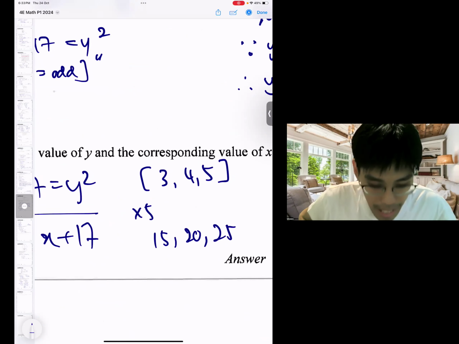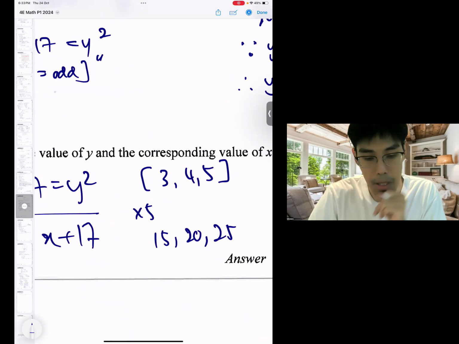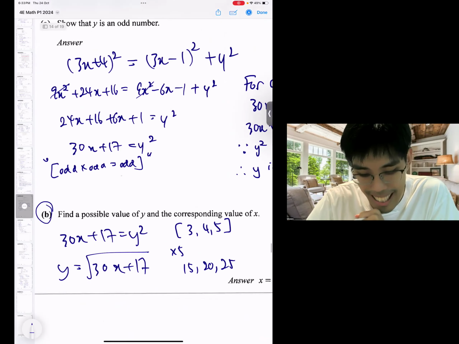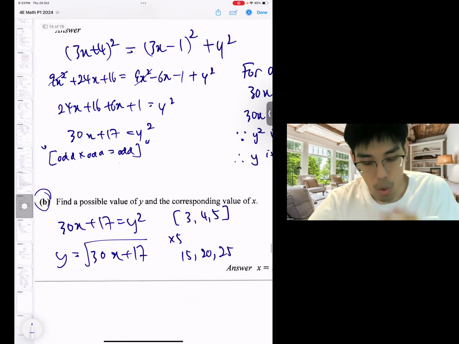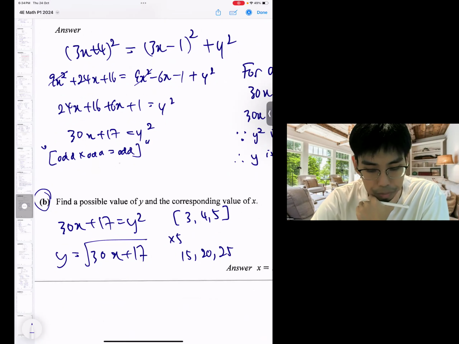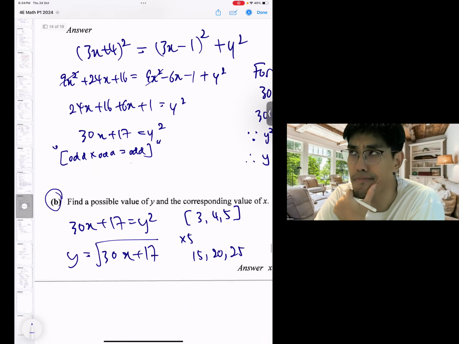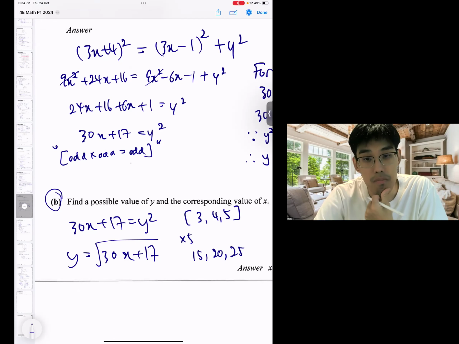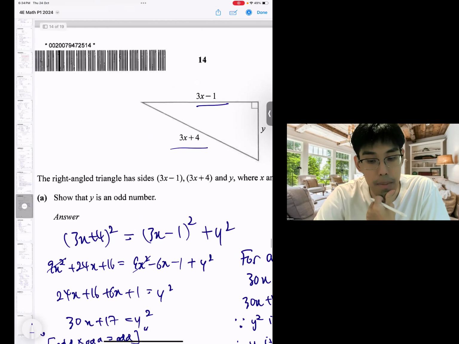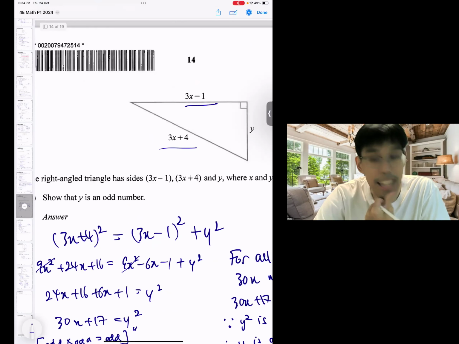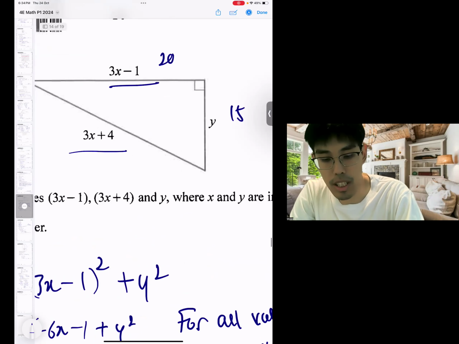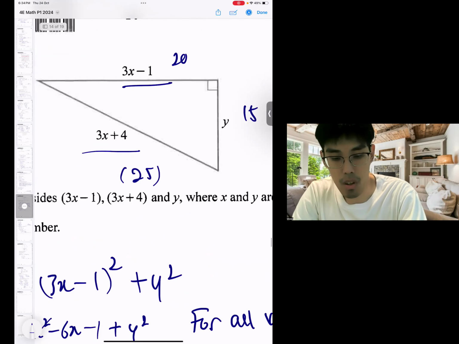There we go. Makes more sense now. But from here, at least I know that I can work out something. Times 5. But the thing is, can I put 15? Actually can. So this is 15, this is 20, this is 25.